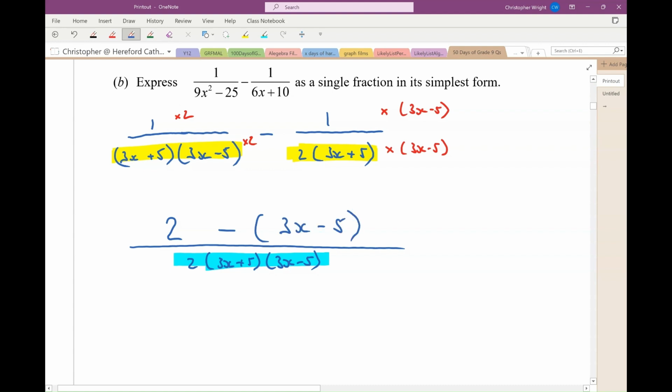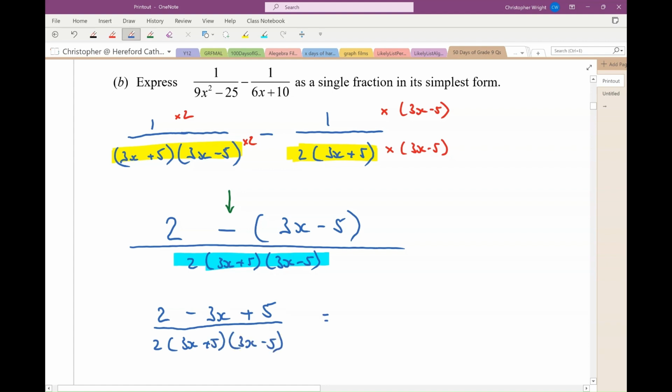Now be careful to put that in a bracket because this minus sign here is going to have an effect on both the 3x and the minus 5. So what I'm going to have is 2 minus 3x plus 5 all over 2 lots of 3x plus 5, 3x minus 5.